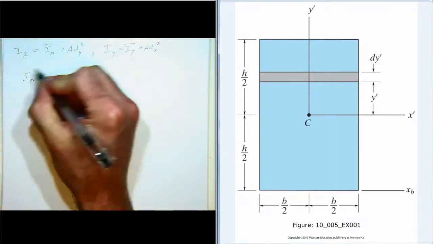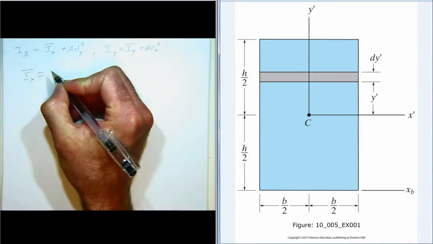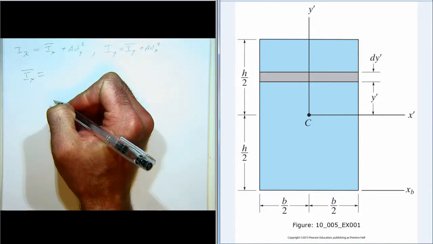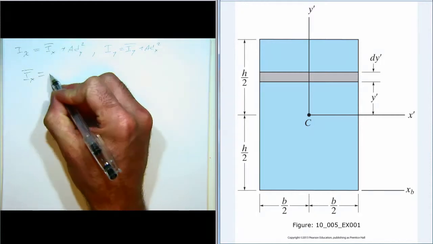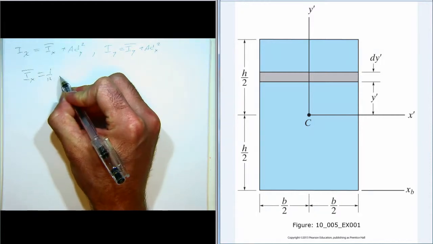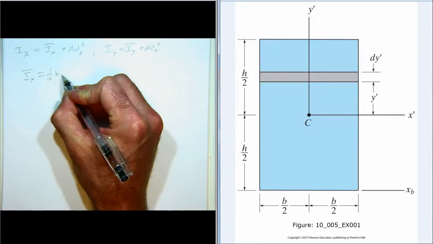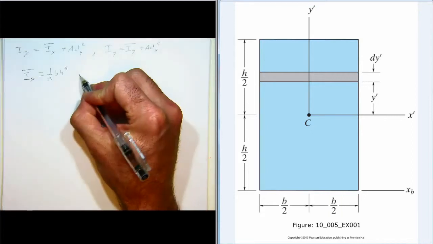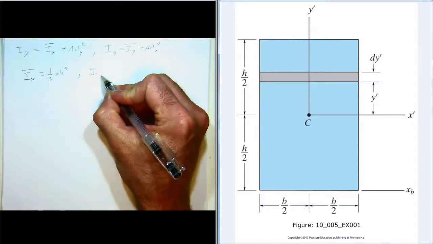So here, Ix bar is the moment of inertia about the centroidal x-axis. So from our equation we have 1/12 b times h cubed. And then, so what I was saying about the direction parallel to and perpendicular to the axis, hopefully that'll be clear here.